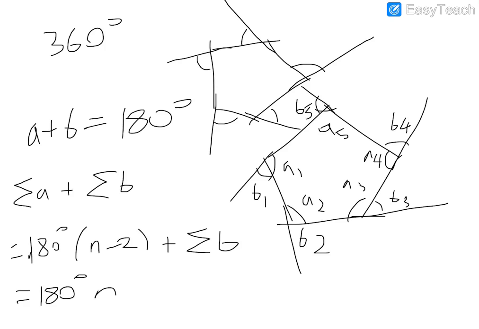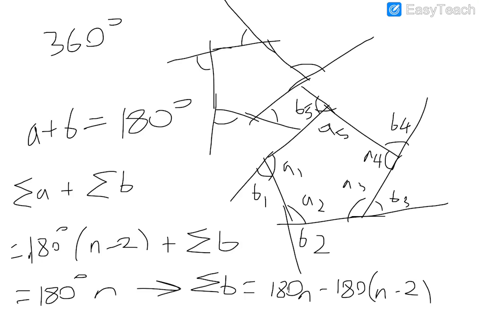Now, if you look, we just move them all to one side, so the sum of B is equal to 180n minus 180(n minus 2). You can simplify that to 2 times 180, or 360 degrees. So basically, for any polygon, the sum of all the exterior angles is equal to 360 degrees, no matter how many sides it has.